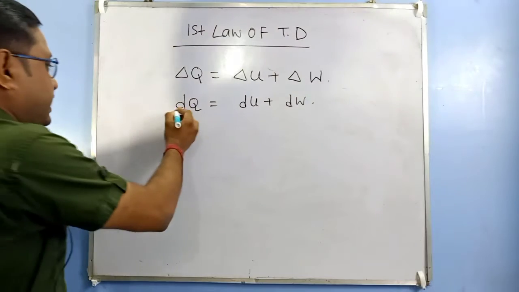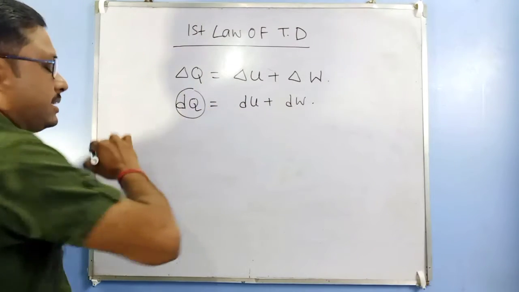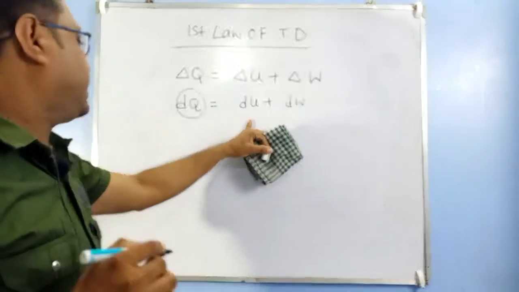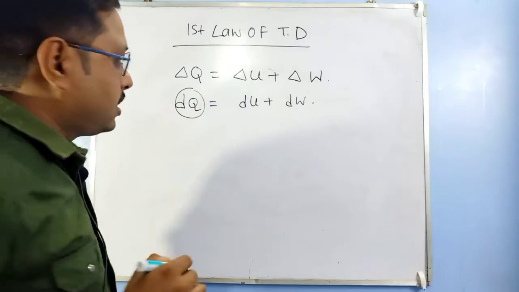Now you know that dQ is the total heat supplied to the system, dU is the change in internal energy, and dW is the external work.